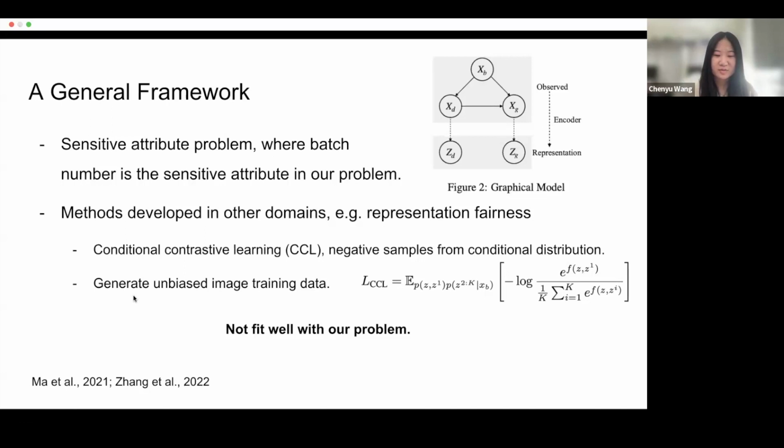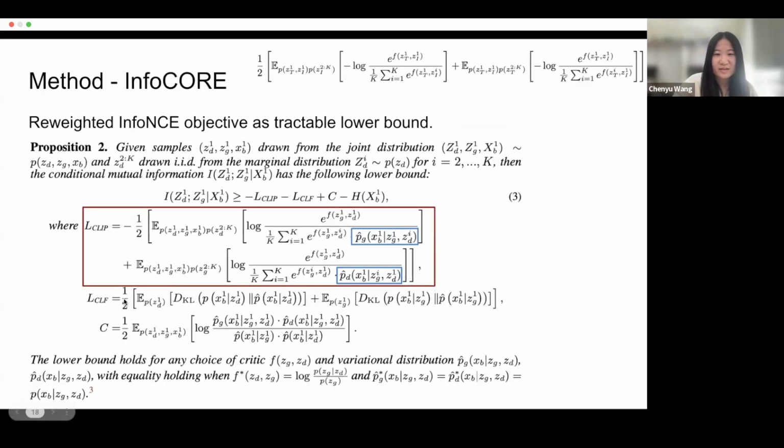The generative models in this domain are not very well developed, and it's also very hard to evaluate the generated image or gene expression. It's hard to validate that they are reasonable generative samples. So this previous method doesn't fit well with our problem.